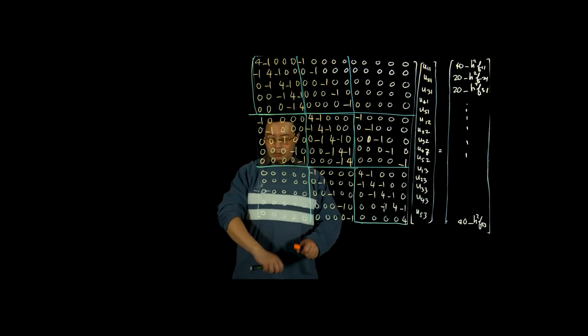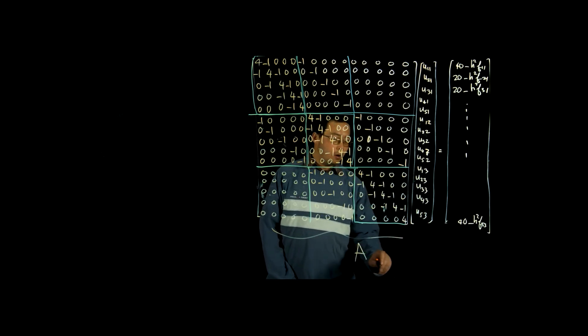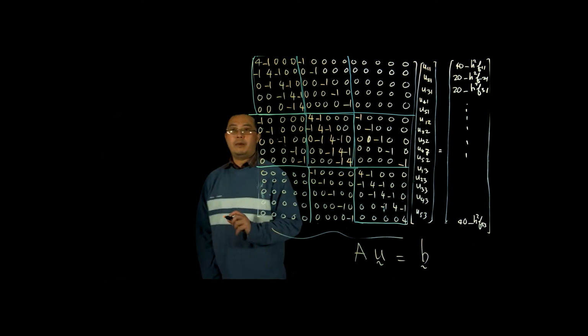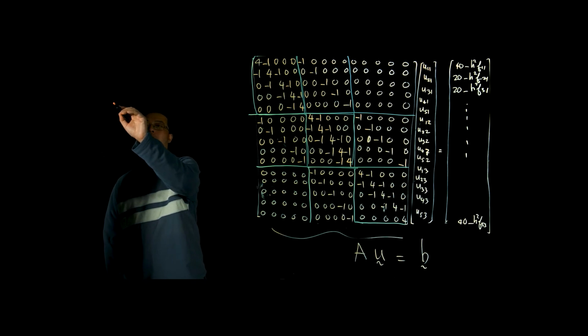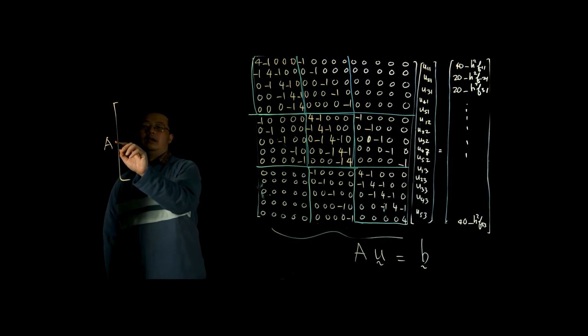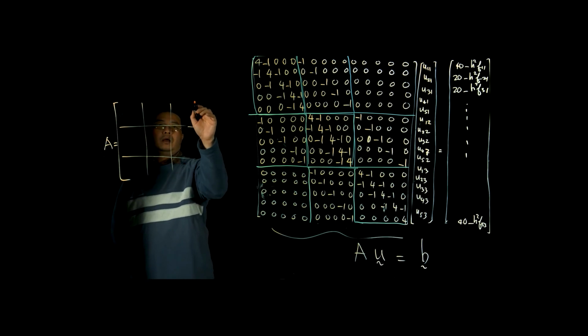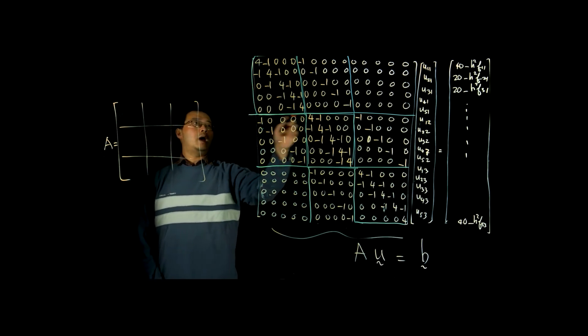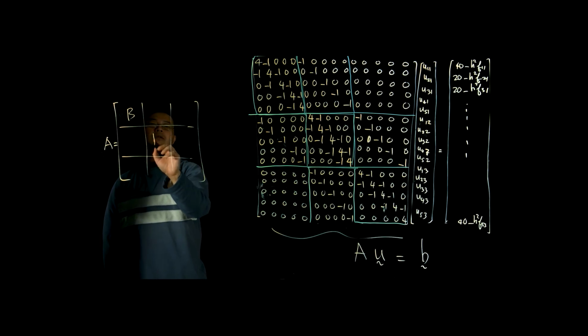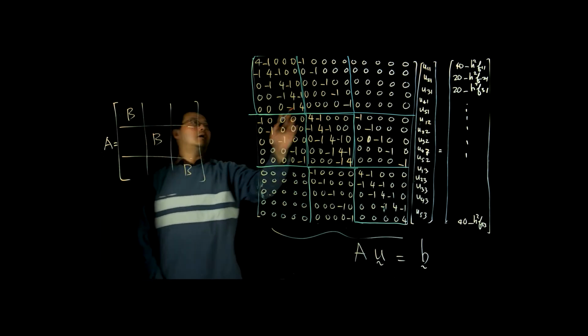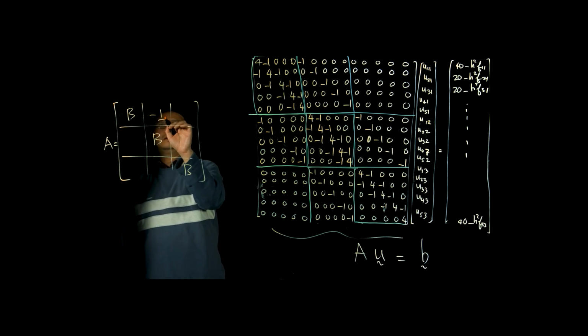Okay, see, from the 15 equations, we come up with a matrix equation like this. So this one is the matrix A. Okay, and this is your unknown vector U, and the right hand side is just B. And you see the matrix A has this structure. It has 9 blocks, yeah. And the one in the diagonal is a B matrix. Okay, and this one is minus identity.